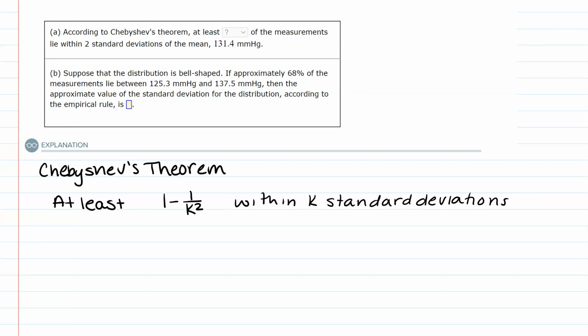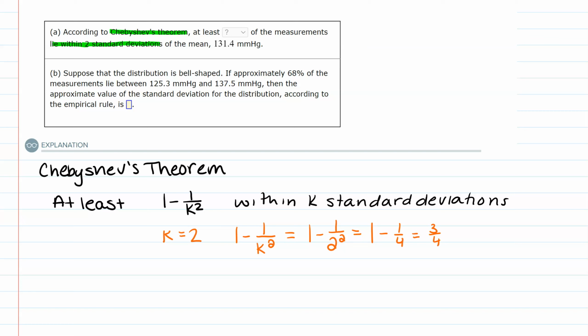So here, if we're using Chebyshev's theorem, we want to know how much of the measurements will lie within 2 standard deviations. So here, k is equal to 2. So we'll do 1 minus 1 over k squared, which would be 1 minus 1 over 2 squared, which is 1 minus 1/4, which is 3/4.